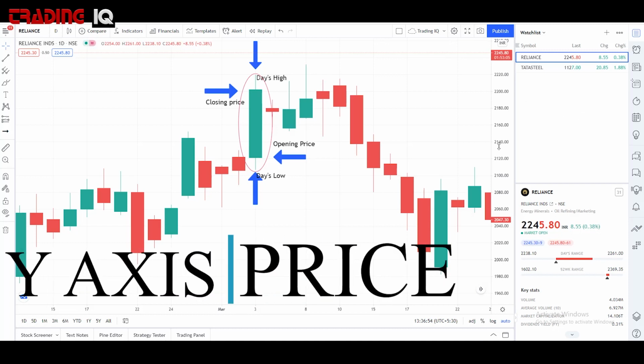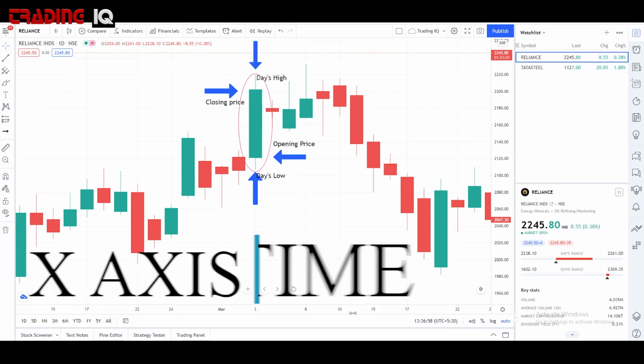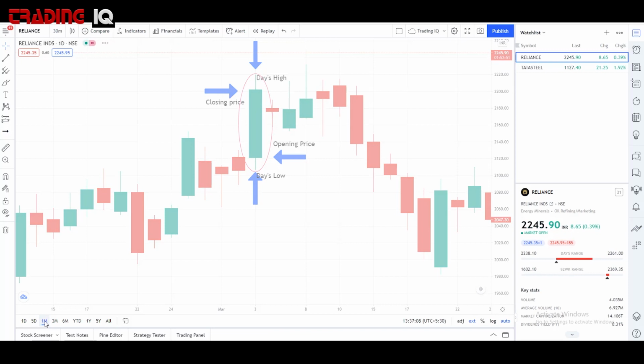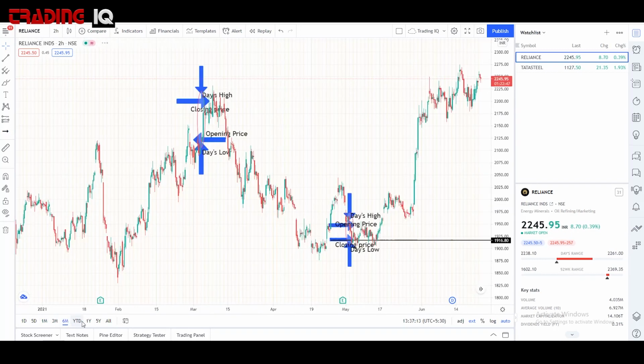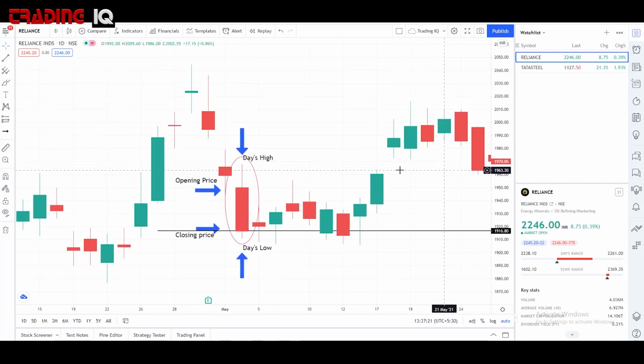The y-axis represents the prices, and the x-axis represents the time, right? So you see 1 day, 5 day, 1 minute, and if you follow my mouse cursor, you see the duration. It can show you 1 month, 1 day chart, 6 months chart, year to date, everything, right? So let's reset it and make it daily and zoom it out for you to see clearly.